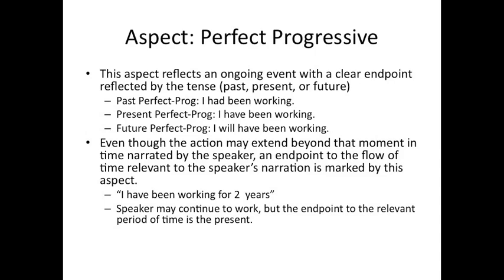And you had been working continuously up until that point. Now, it's not to say that you necessarily stop that action that you're doing, in this case working. You're just drawing your attention to a point in time where it's true that you were doing this thing and you were doing it continuously.